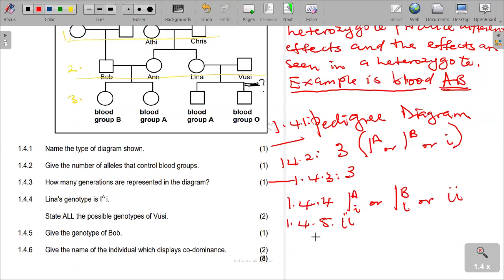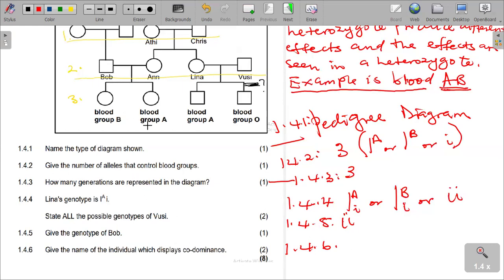And then give the name of the individual which displays codominance. We said codominance is when an individual has a combination of A and B alleles. So 1.4.6. Which individual can be blood type AB?